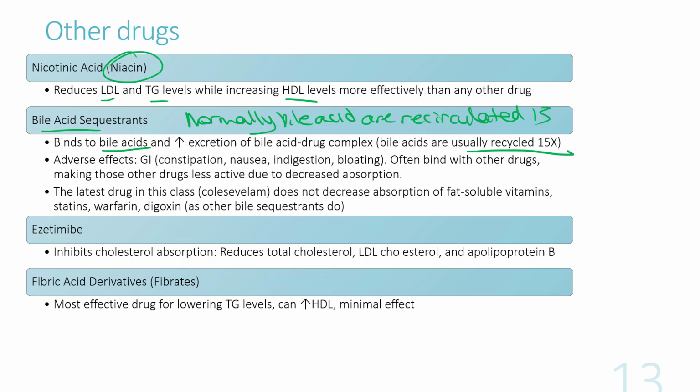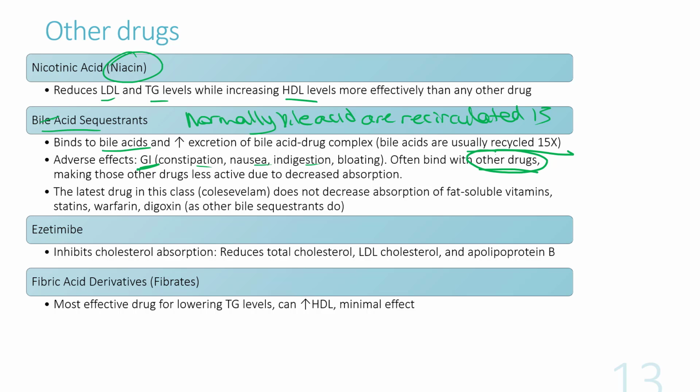You can see here the adverse effects are GI, because it not only grabs bile acids, but it also grabs other cholesterol containing food products or other drugs, right? So it can cause constipation, nausea, indigestion, and bloating. And like I said, it can also bind with other drugs and cause the excretion of those other drugs. So the amount of absorption of those other drugs decreases, right?